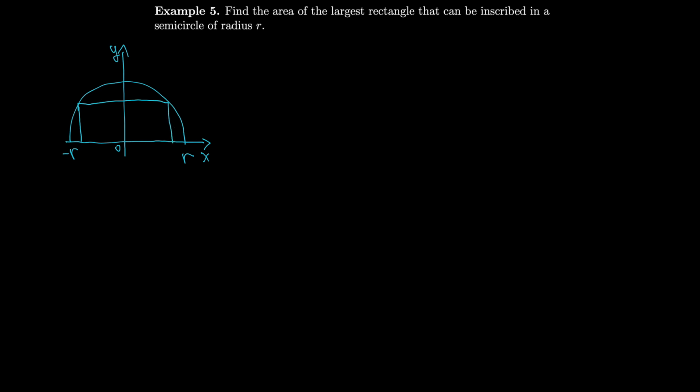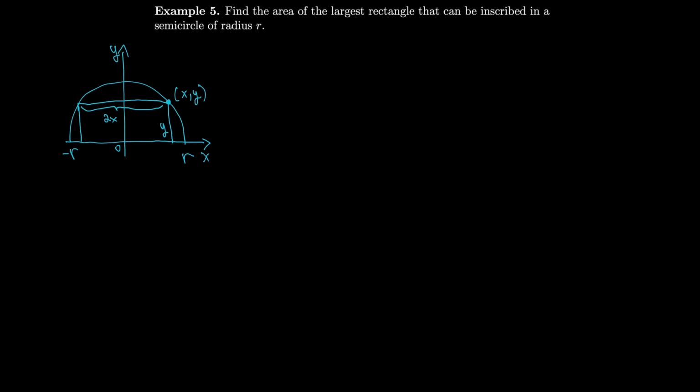Let's say that the height of the rectangle is y, and we could say that this point is x comma y, so that would make the length equal to 2x. So let's say this length is 2x.